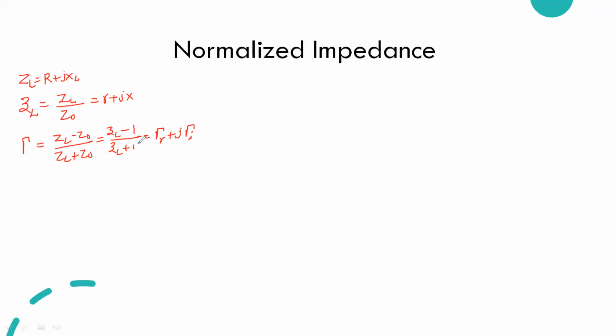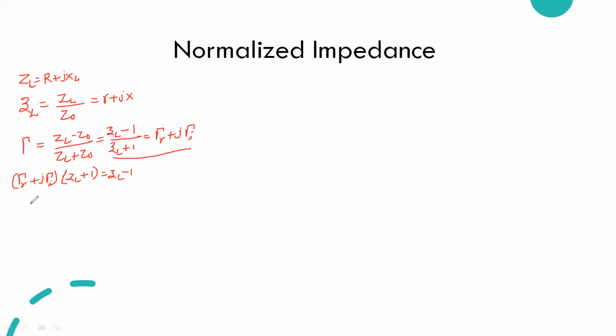So if you take the product of these two relations, these two terms I will consider. Take the product, I will get the term like this: gamma R plus J gamma I into ZL plus 1 equal to ZL minus 1.